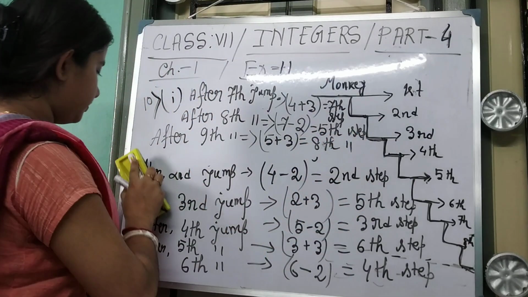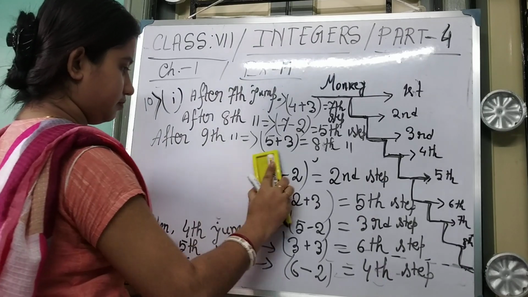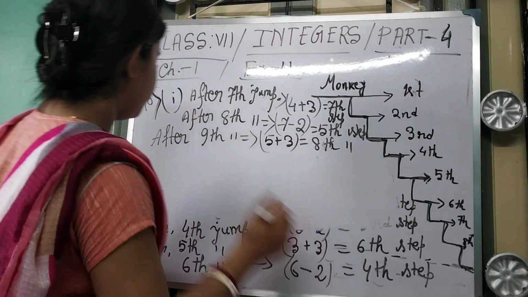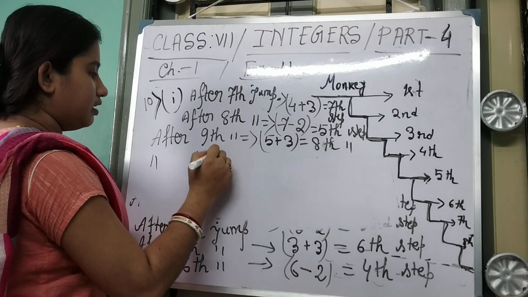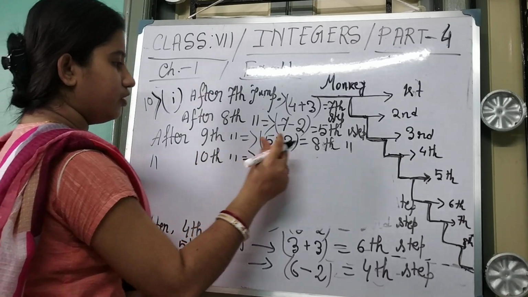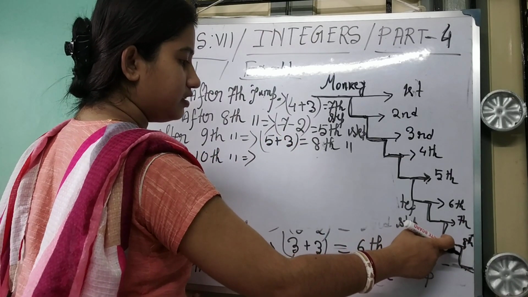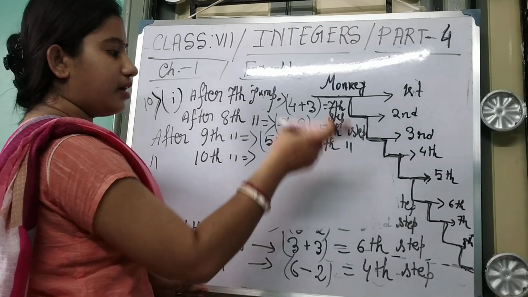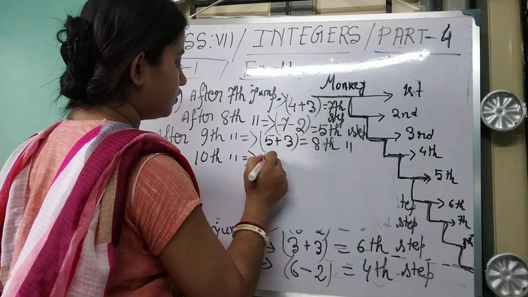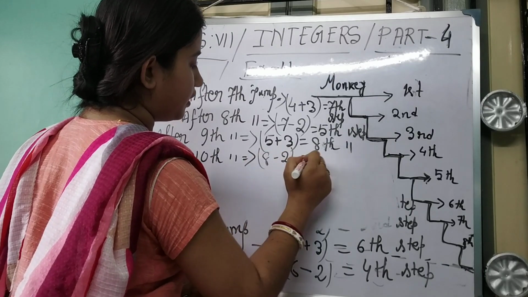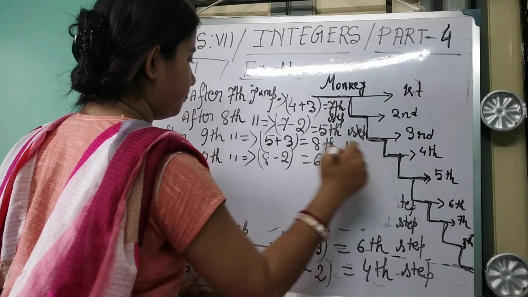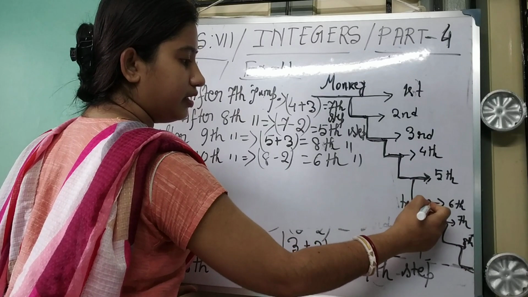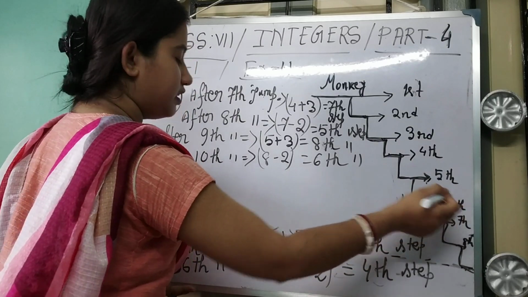So after the 10th jump, the monkey will be on this 8th step, and then the monkey jumps 2 steps up. So 8 minus 2 equals 6th step.